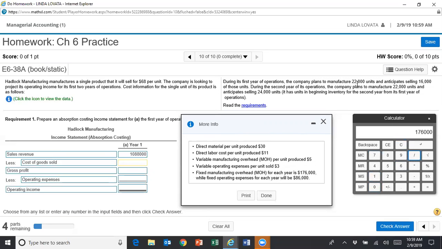And that's always based on production because I divide that over the units produced. And so notice that's 22,000 each year. So that's $8. And you might want to write that down because we're going to need that again. So our fixed manufacturing overhead rate's $8. And then I take that times the number of units I actually sell, which is 16,000.